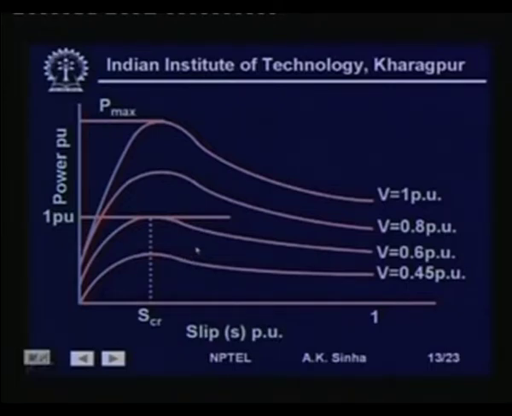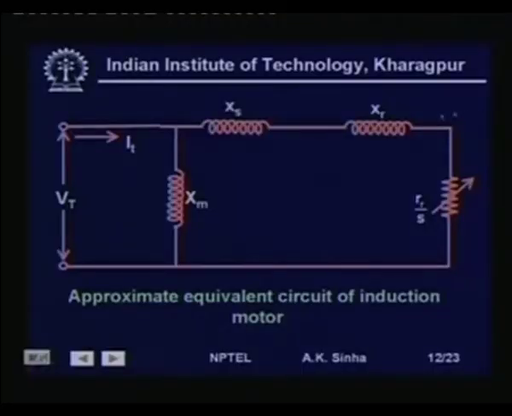Now, if the machine stops, then if the short circuit is removed, again the voltage will be restored and the machine will start. Now, if it starts from a standstill position or at a very low speed, it is going to draw very large current, because we have seen from these characteristics that this S will be coming near to 1.